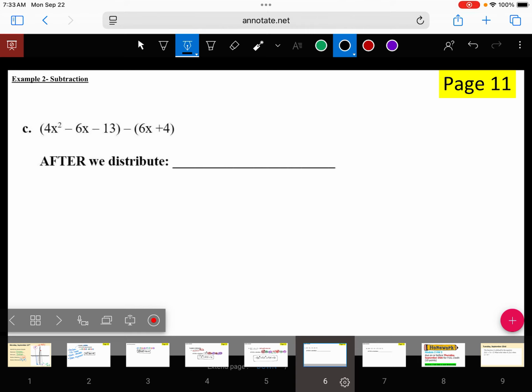So remember, the first term doesn't change. The first parentheses doesn't change. It's only what's after the subtraction sign.